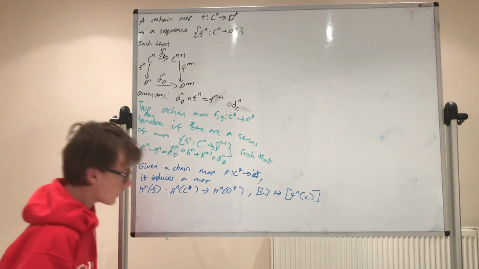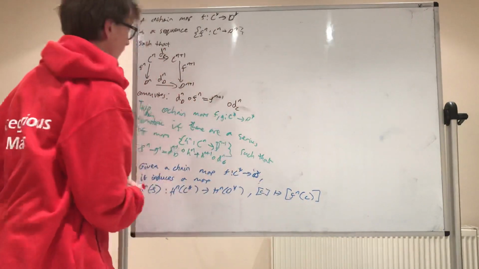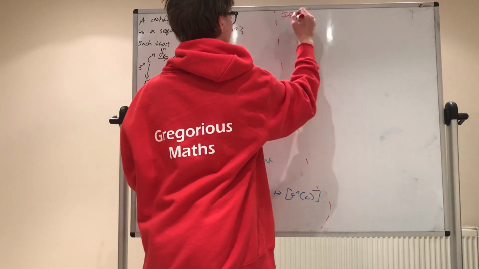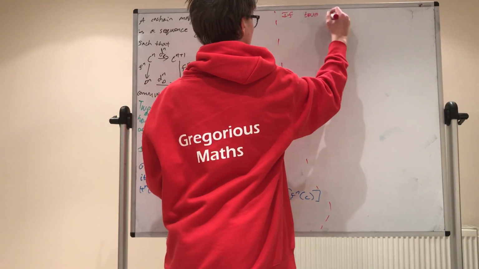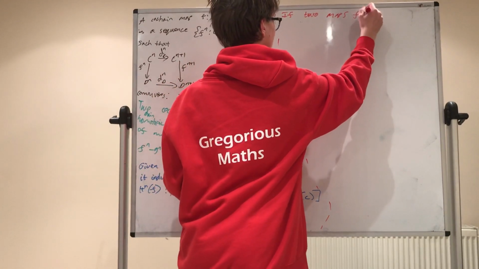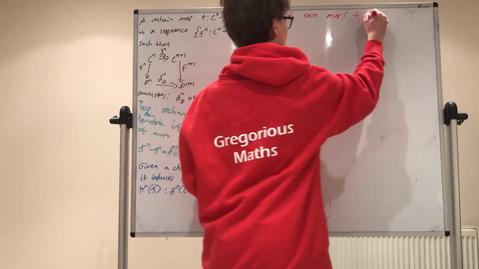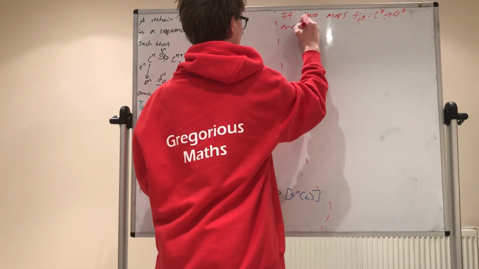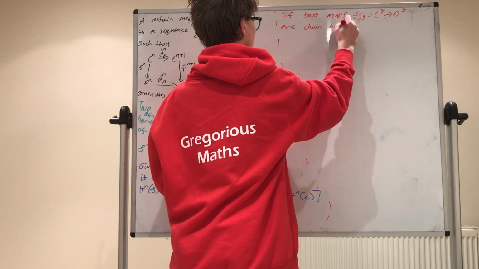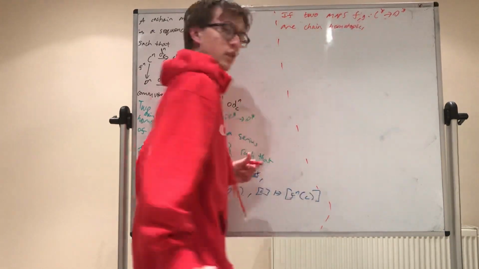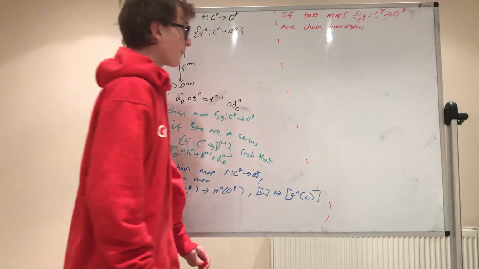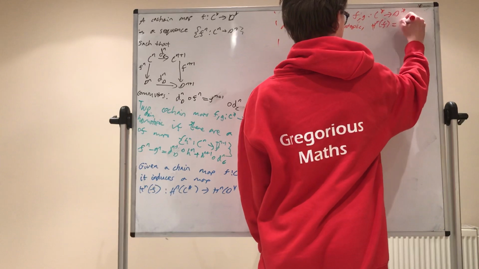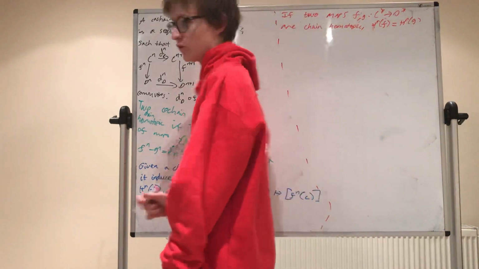And actually something that follows very simply is that if two maps F and G are chain homotopic, then they induce the same map in cohomology.